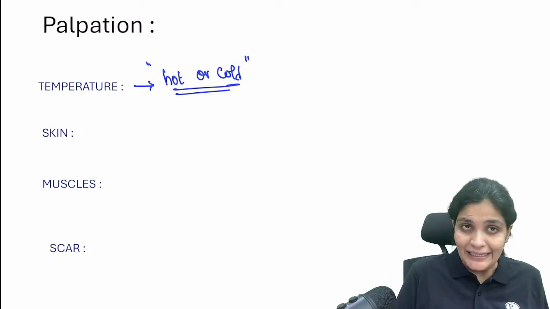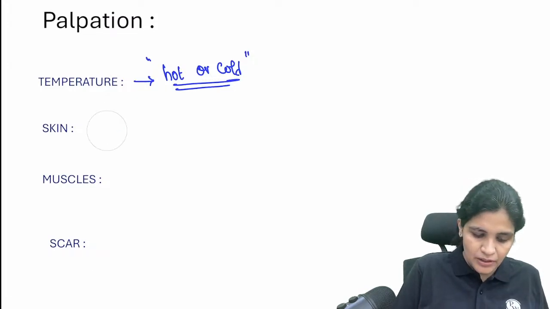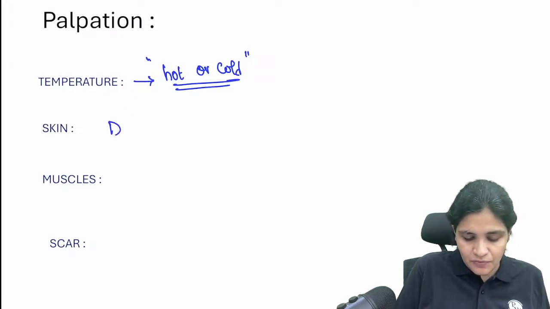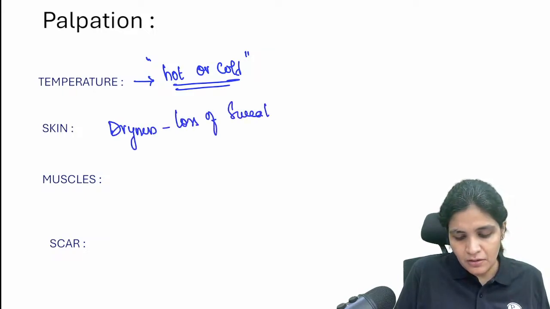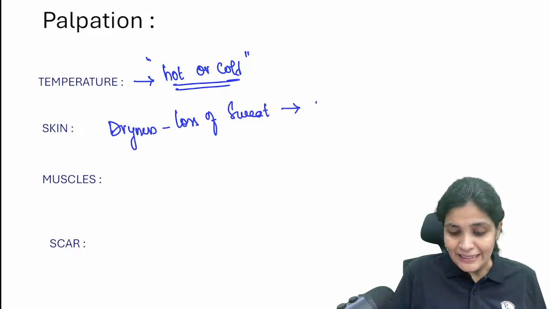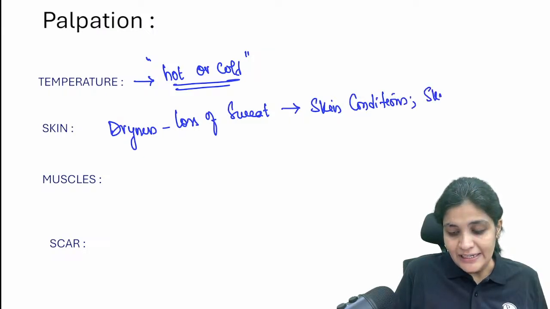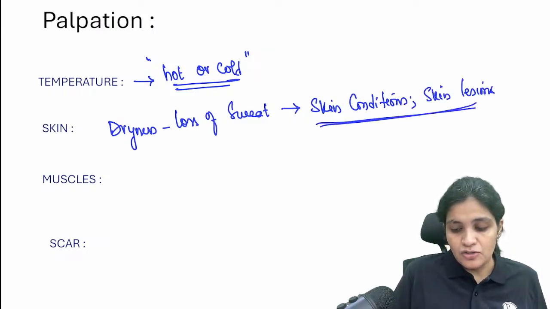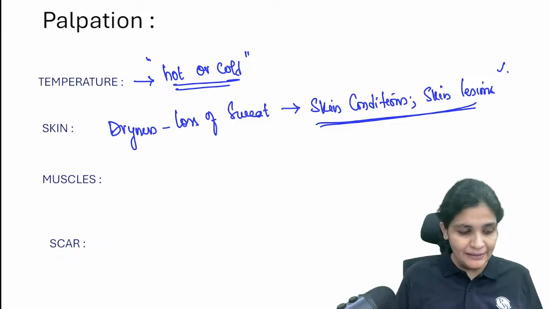Then skin, here you examine for dryness, loss of sweat, or any skin lesions. So you check for all those, and whatever you see, you will palpate it and write.